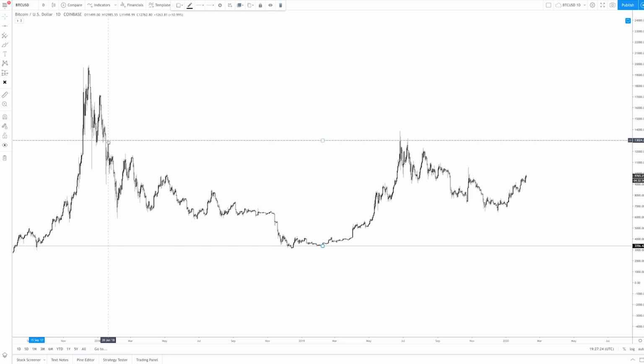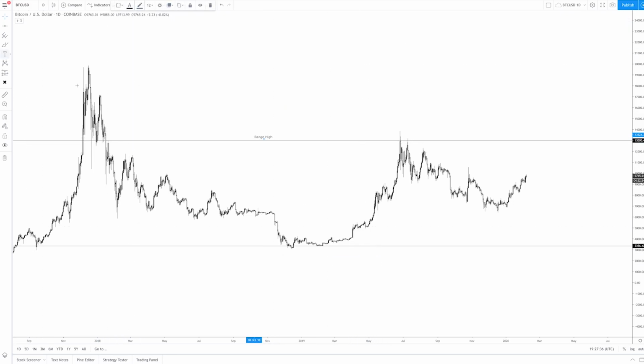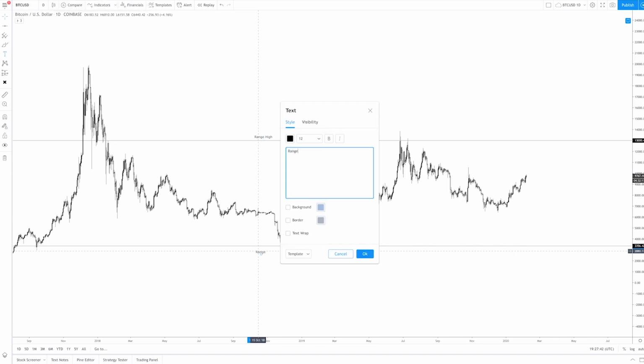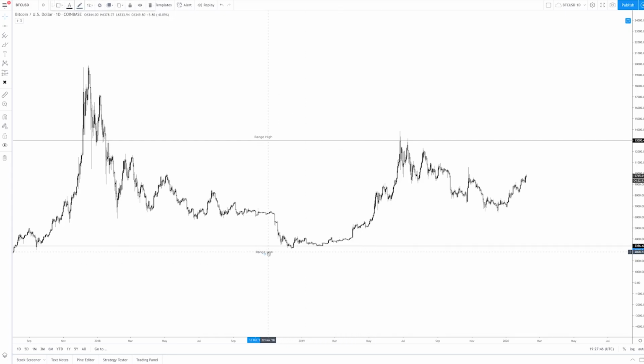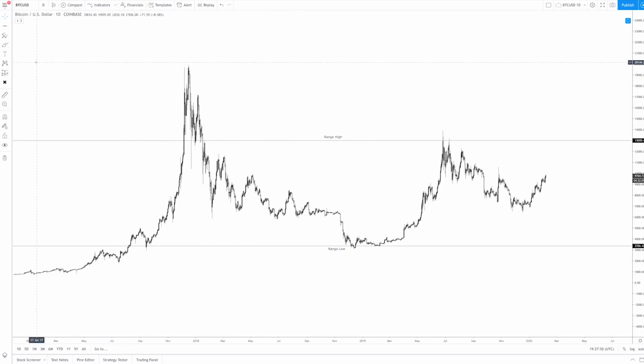This range high, which we can mark out, and the range low is an example of a high time frame range.